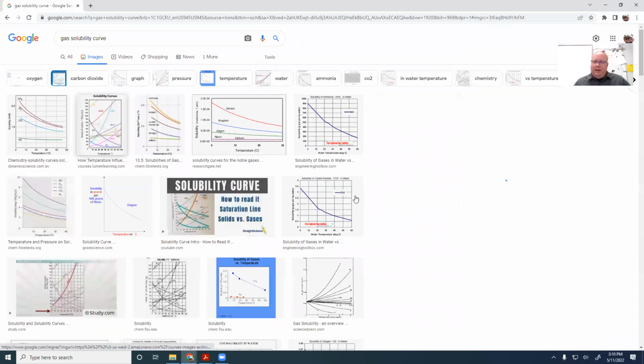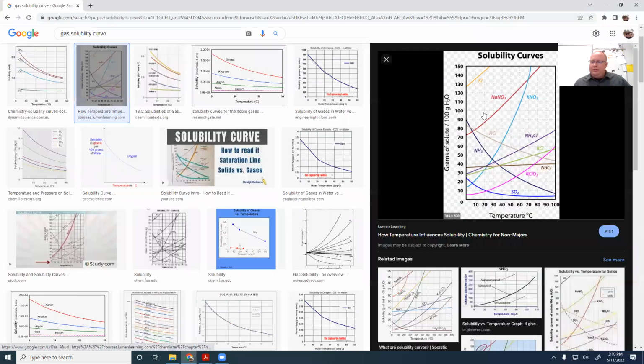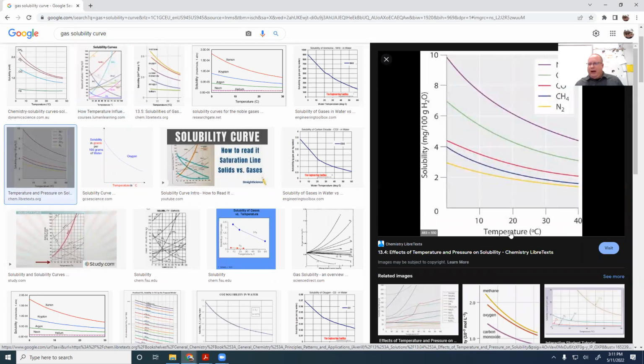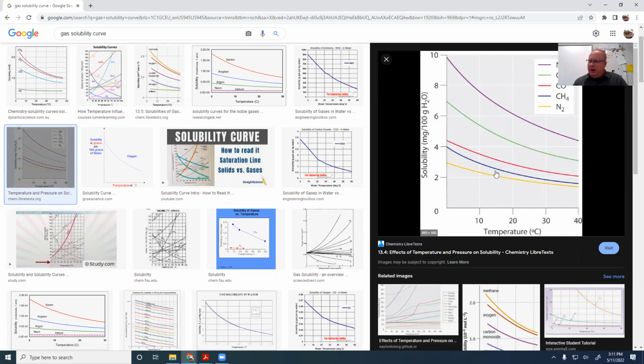So while solids tend to have positive slopes, gases will have negative slopes. So if you just basically draw a graph with the same scale if you want, or you can make it smaller, and you notice that you have a nice downward slope, that's what they want you to draw in those boxes there. So that's how you finish up the lab, and you can work on that very easily.